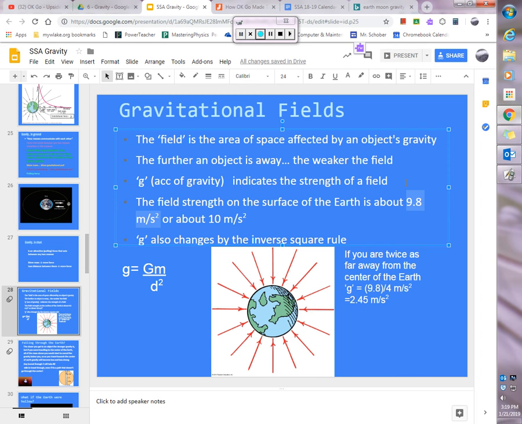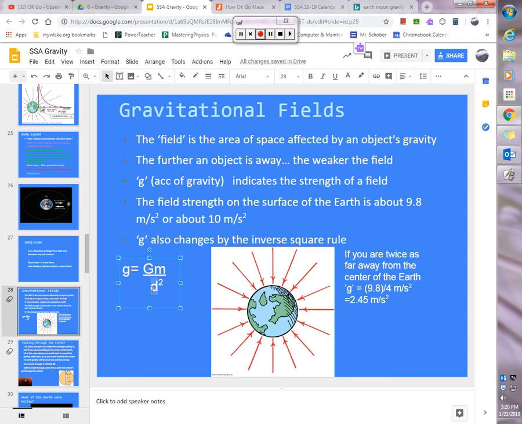Okay? And the gravitational field acts much the same way as gravity force does. The larger the central mass, the larger the mass of the Earth or the planet or whatever is in the middle, that's this m, the bigger the field is going to be. The larger the distance between wherever we're talking about and the center of that object, that's squared on the bottom.